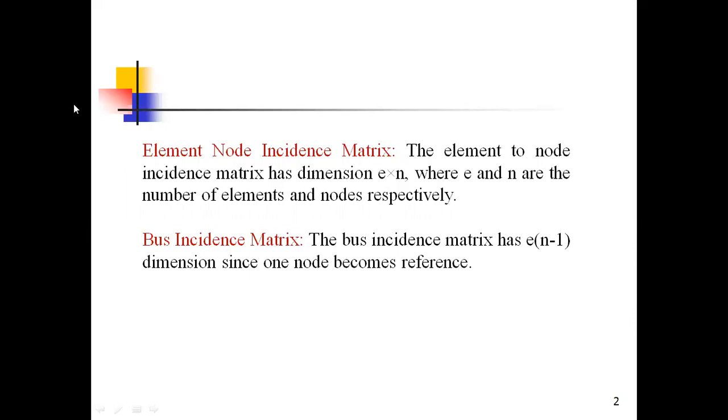It has dimension E cross N minus 1, since one node becomes the reference and we remove the column corresponding to the reference node. We will use this A matrix for the calculation of Y bus.